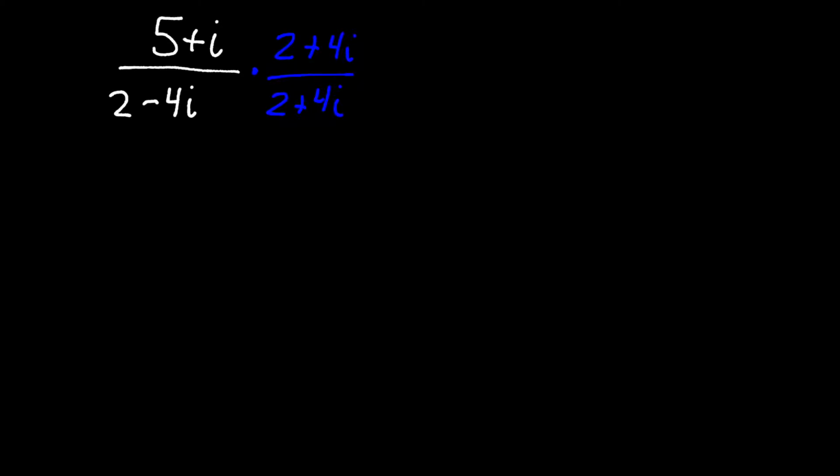Well, since we are multiplying a complex by a complex, we're going to have to distribute. We're going to have to FOIL it out. So I have 5 times 2, which is 10. 5 times 4i, which is 20i. i times 2, which is 2i. And then i times 4i, which is 4i squared on the top.